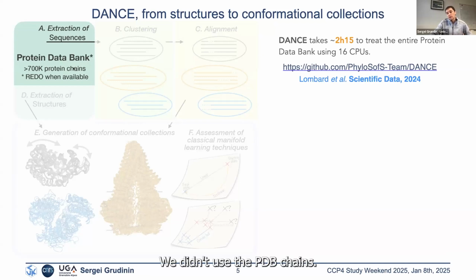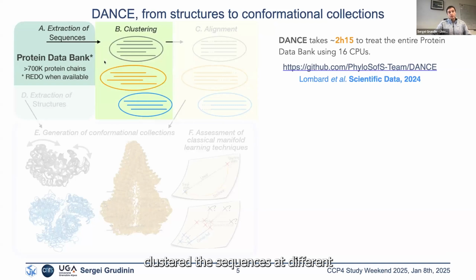If possible, we didn't use the PDB chains, we used those from PDB-REDO. We took all the experimental structures: X-ray, NMR, and cryo-EM. For NMR, we only used the first models.